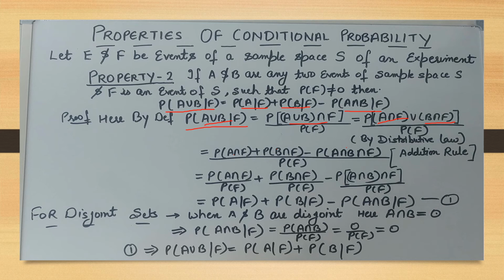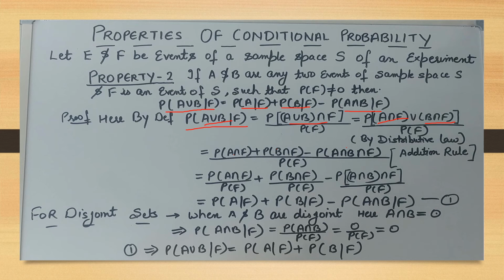Break the numerator and separate the terms: probability of A intersection F under F, probability of B intersection F under F, minus probability of A intersection B intersection F under F. By the definition of conditional probability, it becomes probability of A under F plus probability of B under F minus probability of A intersection B under F, right?